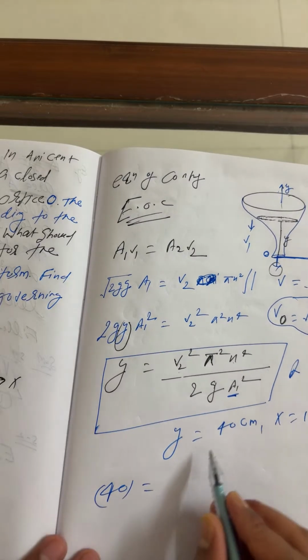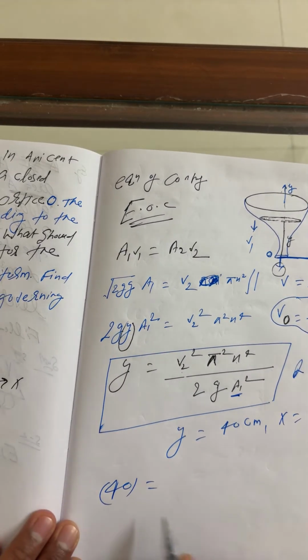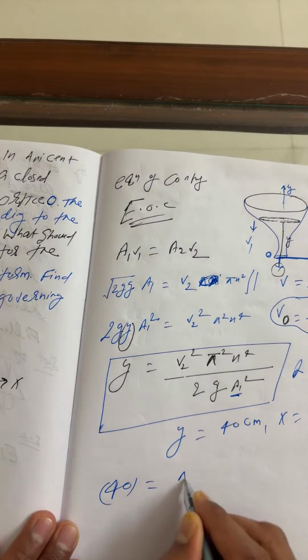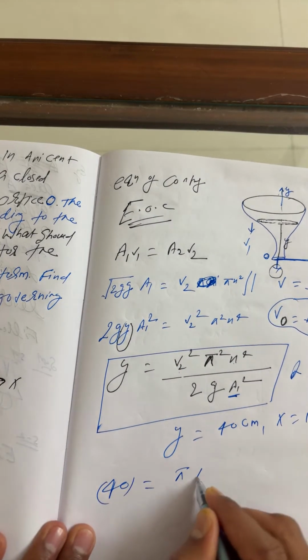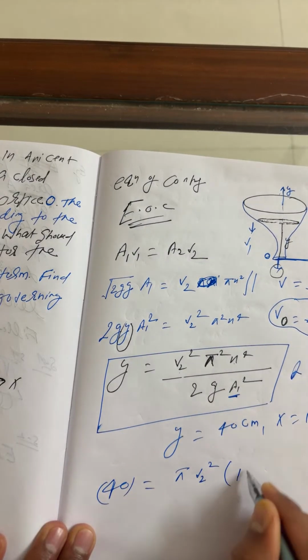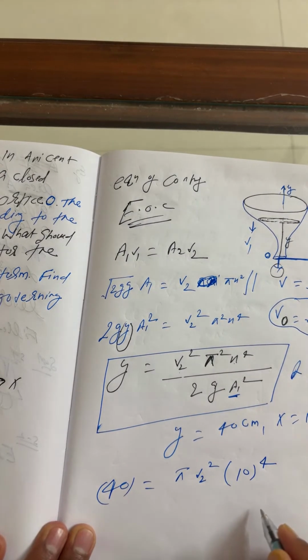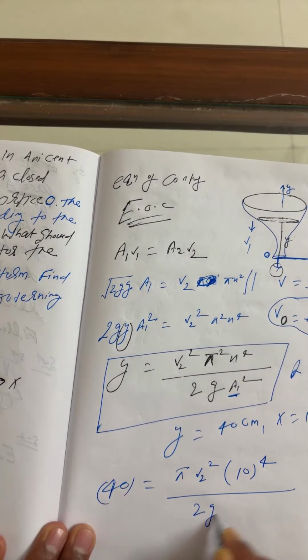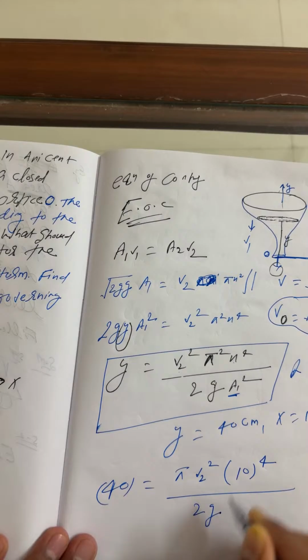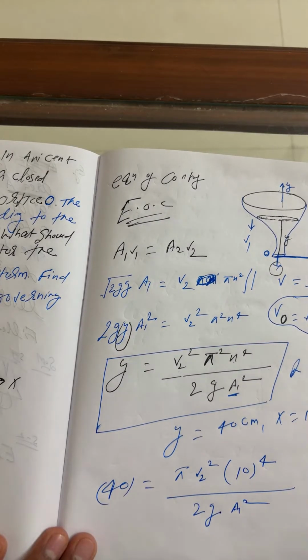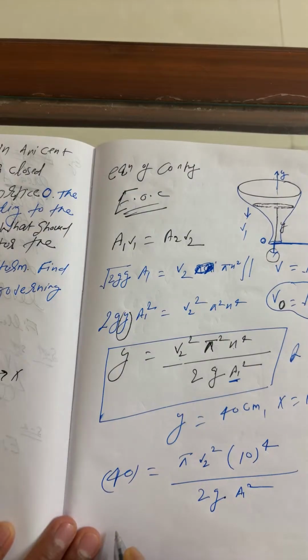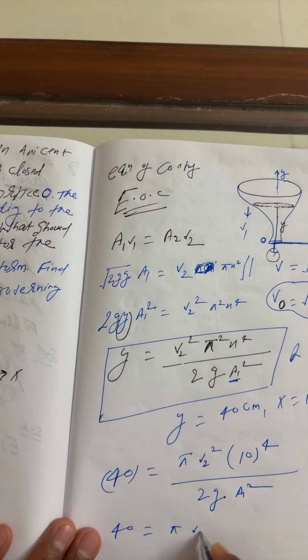Finally, just fit in the entire values. So 40 into pi V2 square into x to the power 4 upon 2g into A1 square. Now just solve it here. So what you will get? This is 40 pi square.